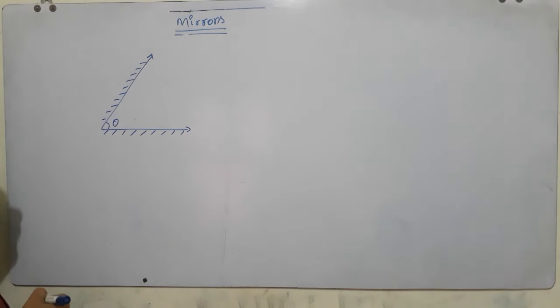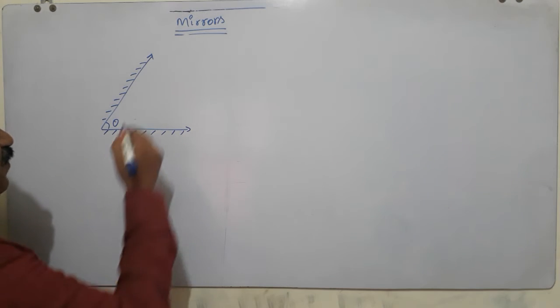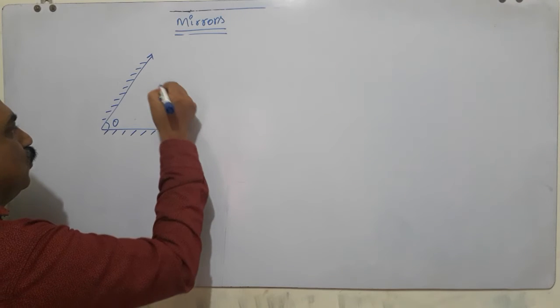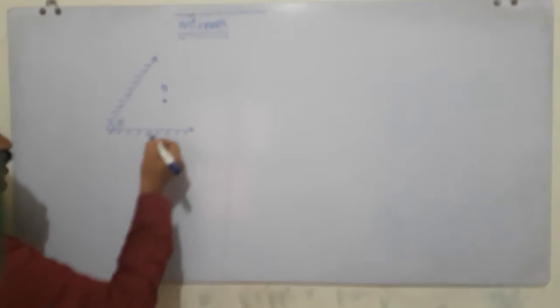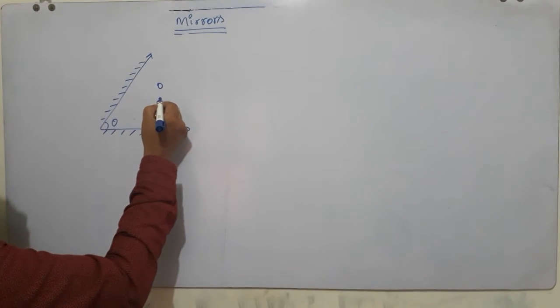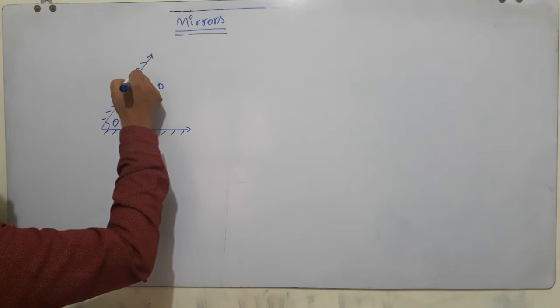If you observe carefully, if you take an object O in between the two mirrors, how many images are formed? This is the object for this mirror, this is the object distance.